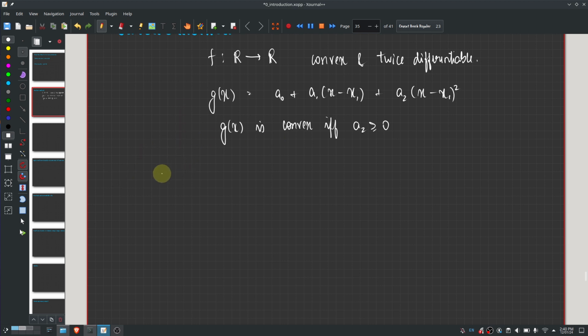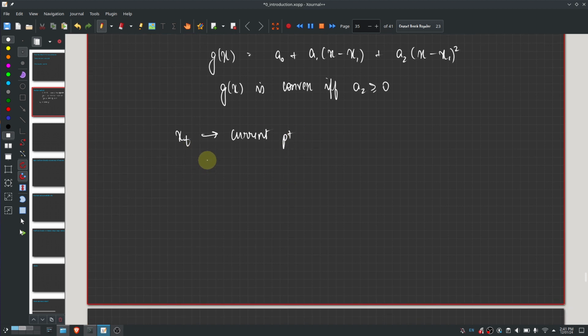So suppose you have an initial estimate, let's call it xt. This is our current point. To find the next point, you look at this function gt of x, which is basically the first three terms in the Taylor series expansion of f of x taken around xt.